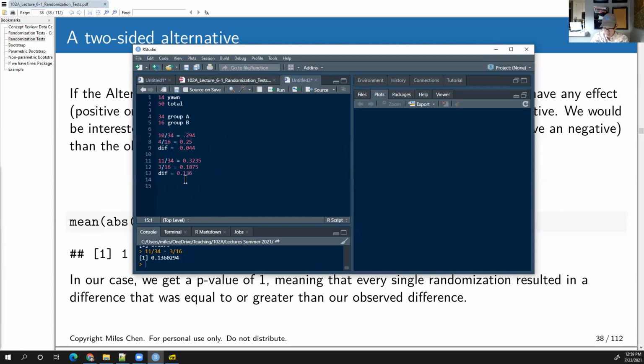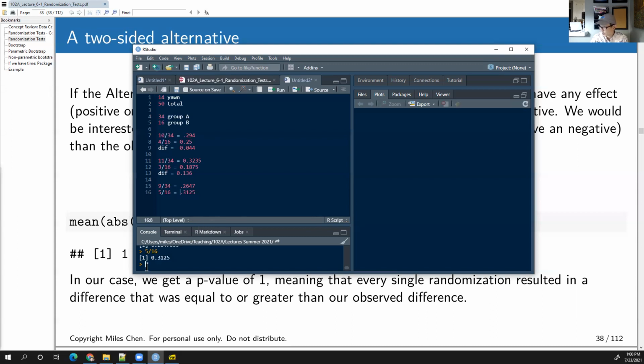Okay, what if we went the other way? We could have 9 out of 34. 9 out of 34 is 0.2647. And the other group would have then 5 out of 16. 5 out of 16 is 0.3125.